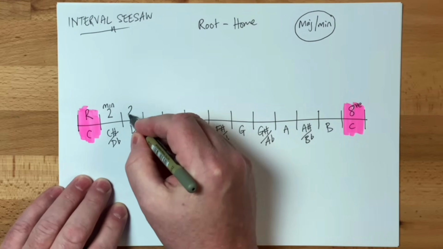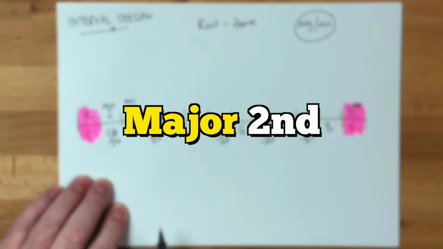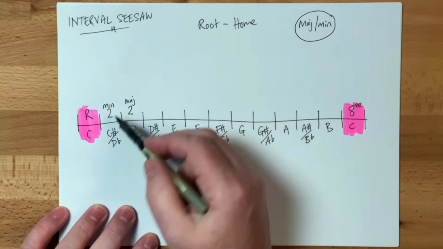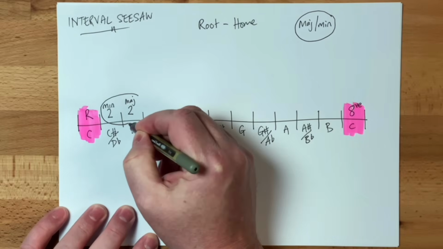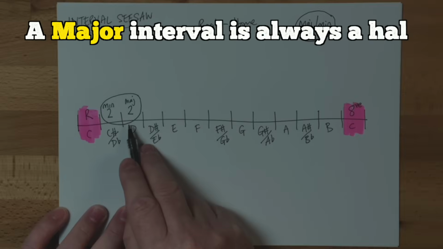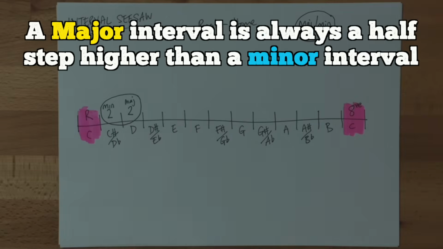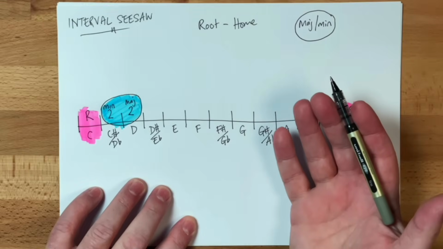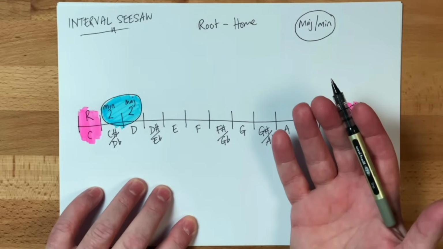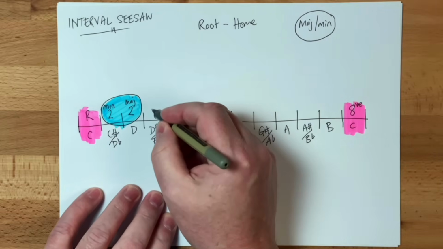So this would be another form of second, and it would be the major second. And because these travel in pairs, I'm going to put a circle around that there so you can see they are a pair. A major interval is always a half step higher than a minor interval. Let's colour this one in. Now if we follow the next logical number that we can get after 2, it's going to be 1, 2, then we get a kind of 3.